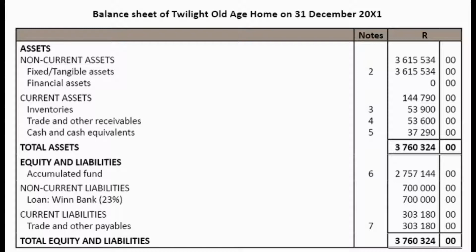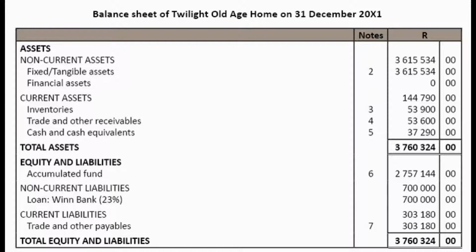All right, if you add those amounts, you get the total for current assets of 144,790. All right, if you add current assets and non-current assets, you get the total for assets, 3,760,324.